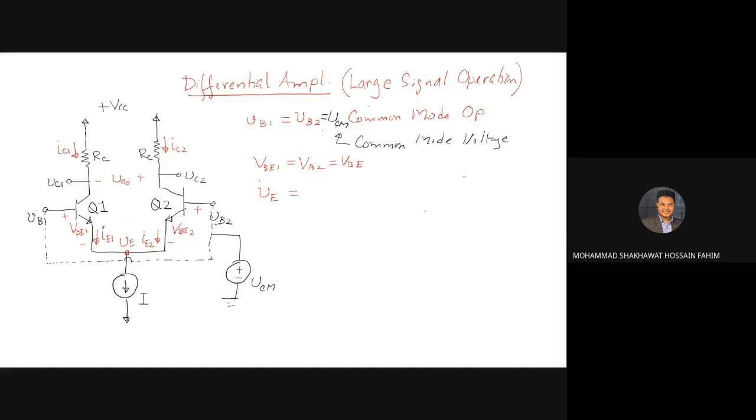So then VBE plus VCM, VBE. VBE plus VCM. Voltage at this end is VCM, right? Then you have a drop of VBE.